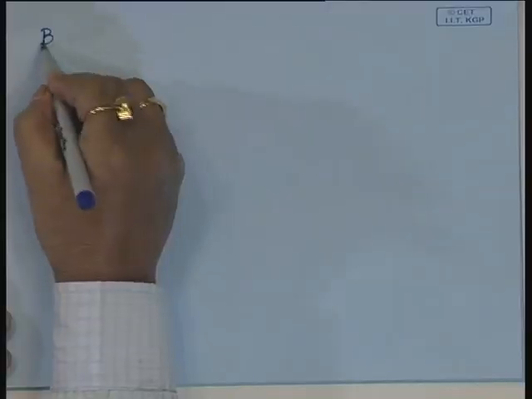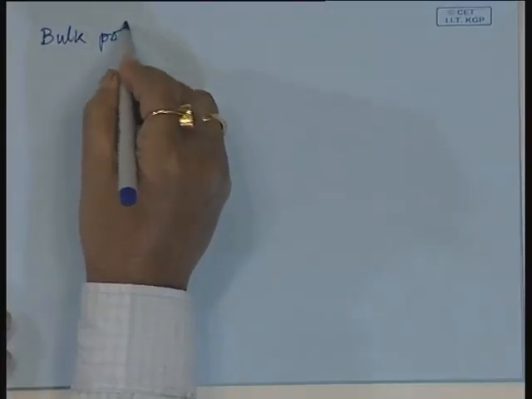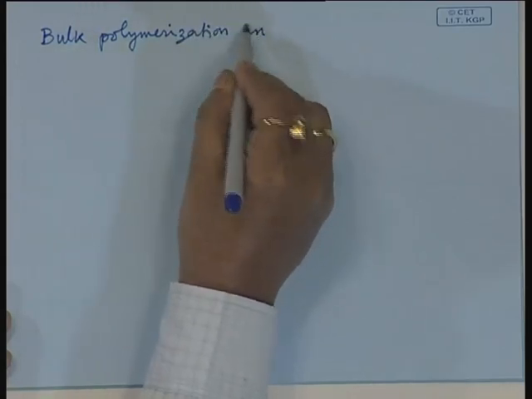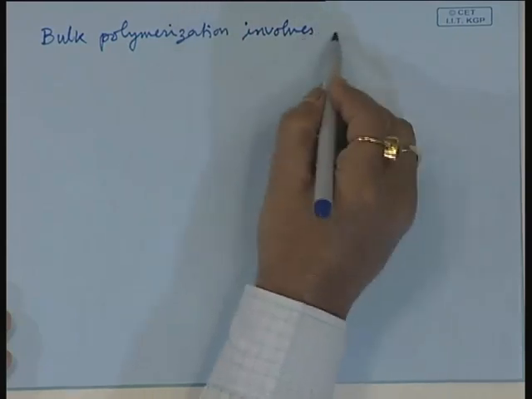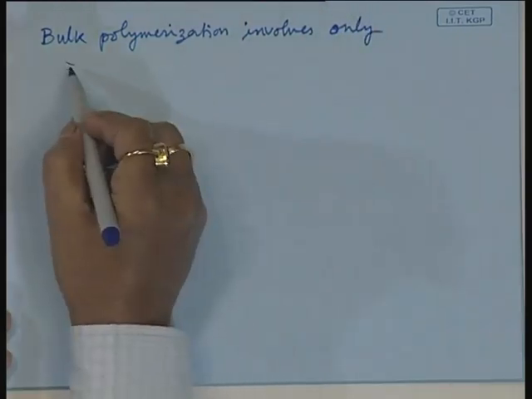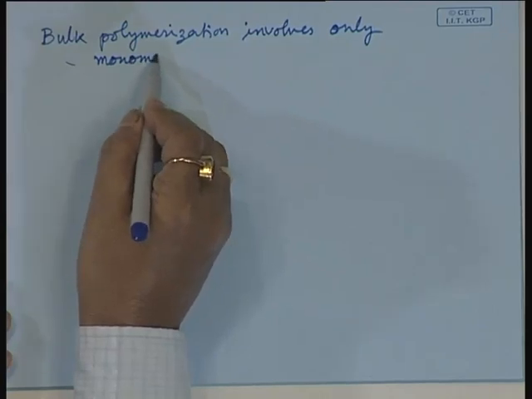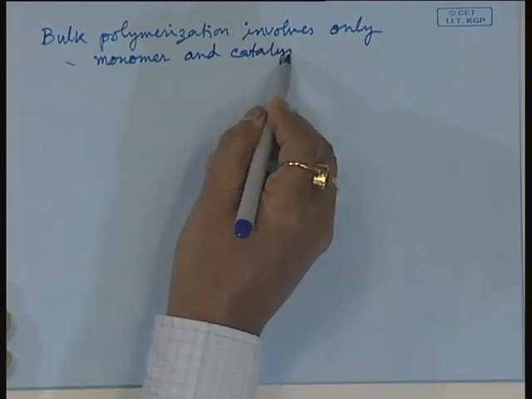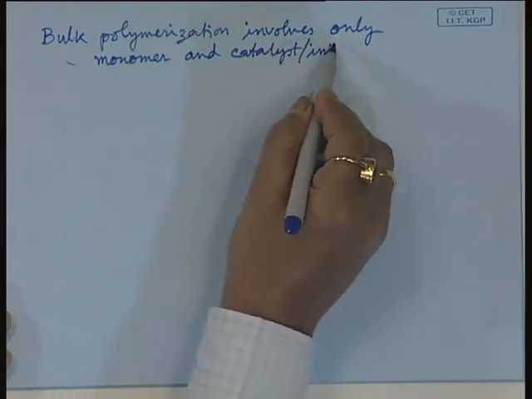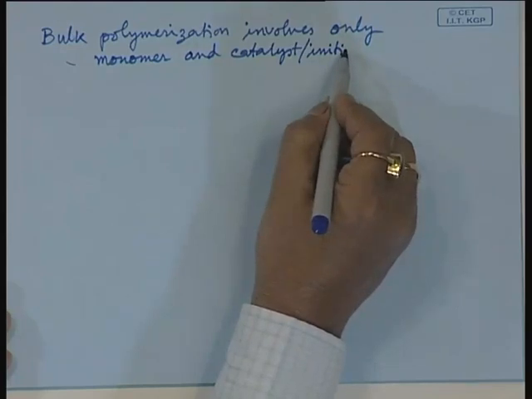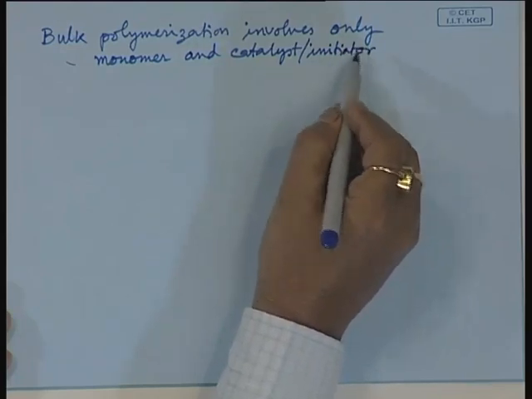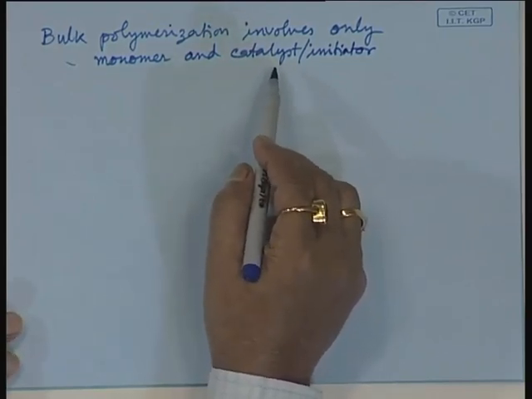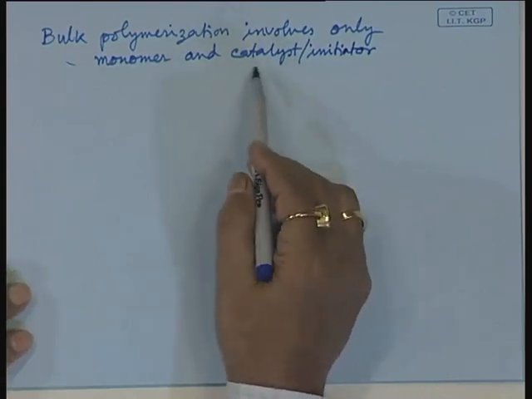Bulk polymerization involves only monomer and catalyst or initiator, depending on the nature of polymerization.